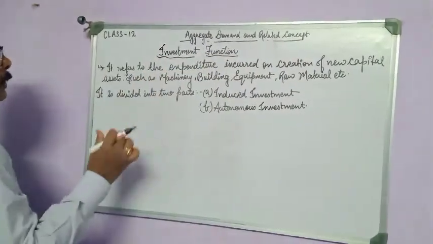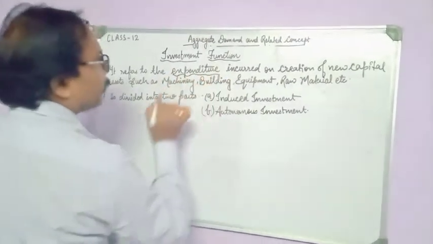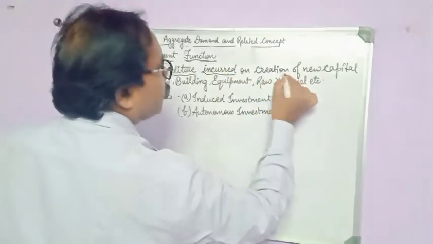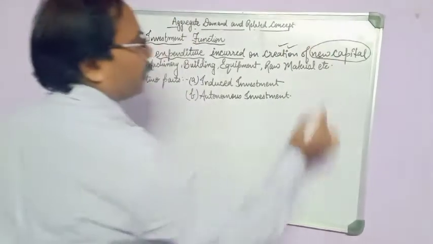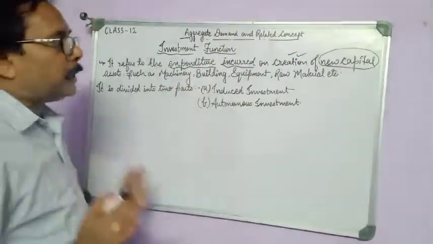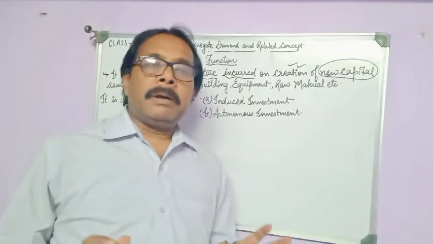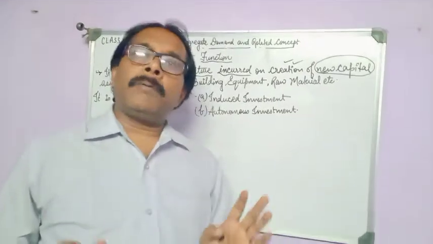It is the total expenditure incurred on the creation of new capital. This is the most important term. The investment means the expenditure which is incurred for the generation or for the creation of new capital.